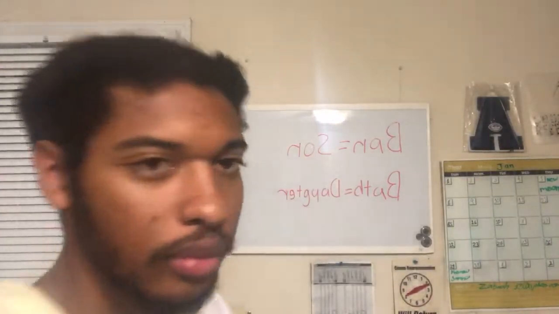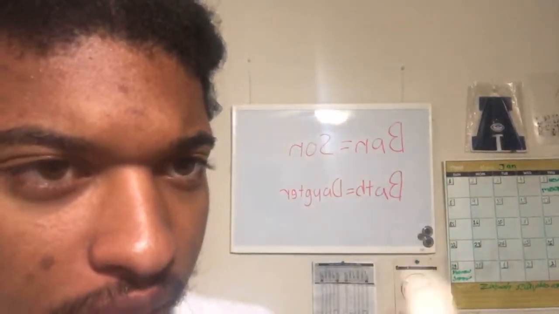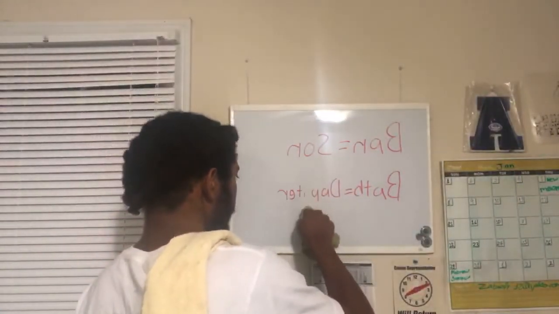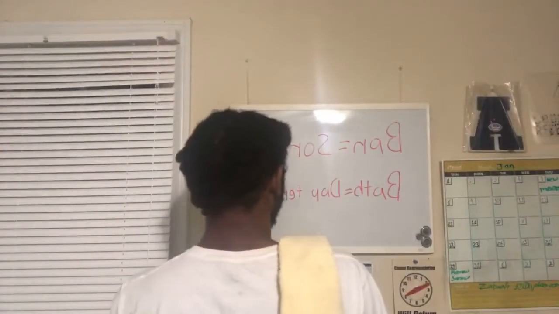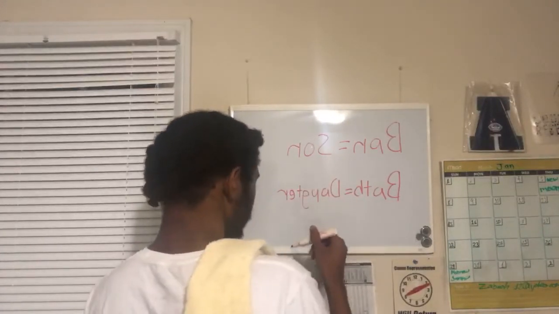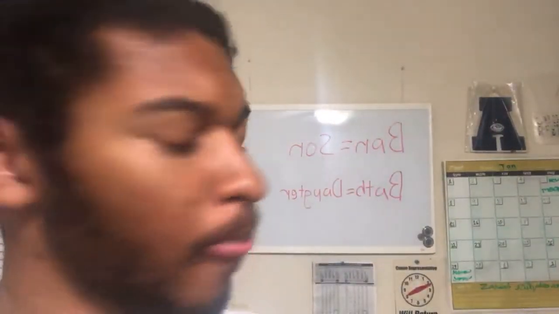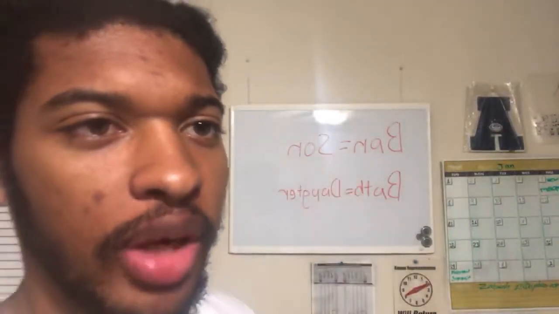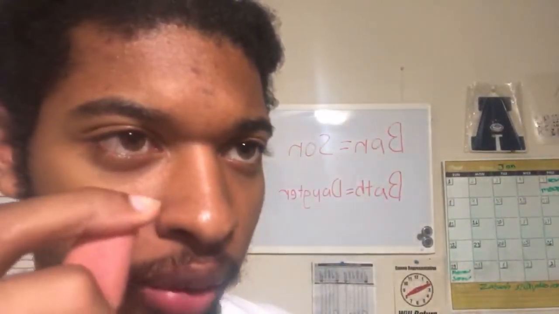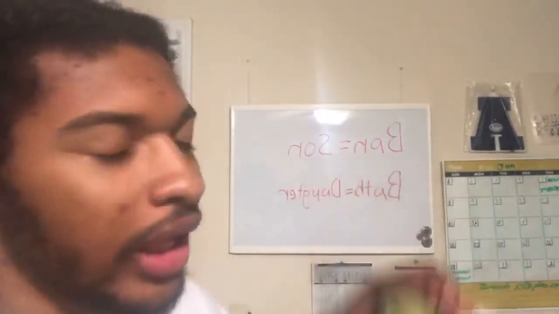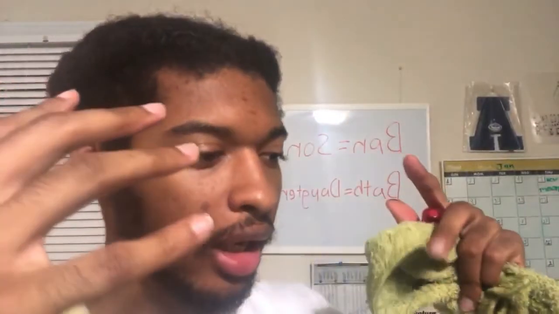So, you have son and daughter. So you have son and daughter. As you can see, the th at the end makes it a woman, a female, right? So when you look at bun, don't look at bun as a feminine noun.